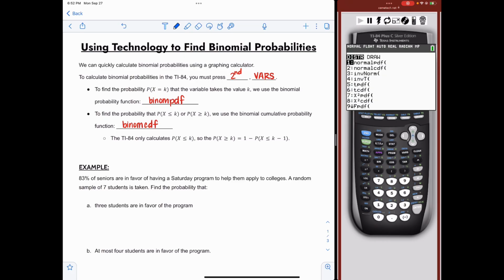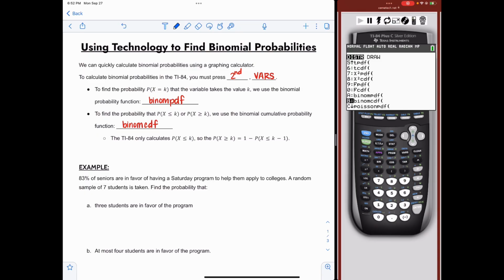And we know that we're dealing with binomial distribution. So if you scroll, you will see that there are two options for binomial distribution: binomial PDF and binomial CDF. To find that the probability will equal a certain number, we use the binomial probability function, which is binomial PDF.